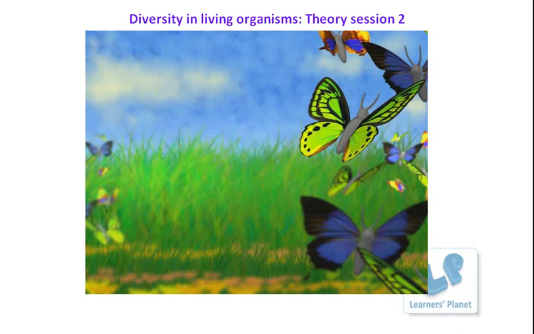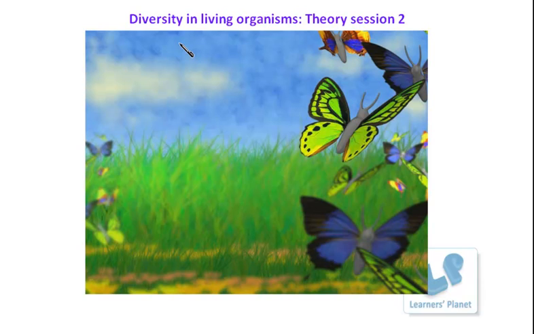Let us continue with the chapter Diversity in Living Organisms. This is the second theory session of this chapter, and in the earlier session I explained what is meant by diversity and why there is a need for classification, right?